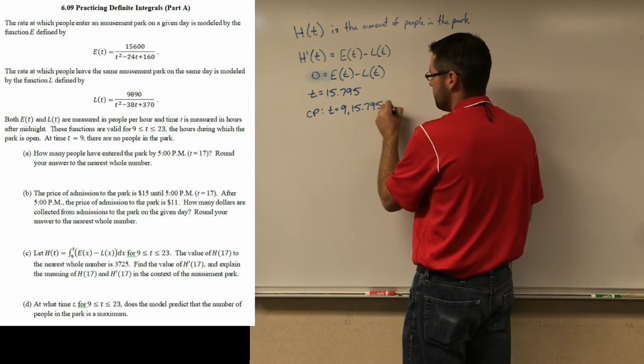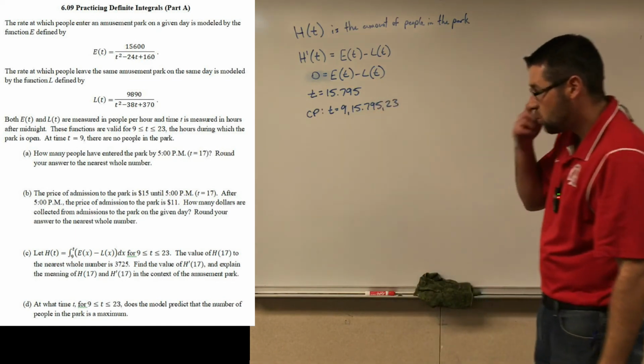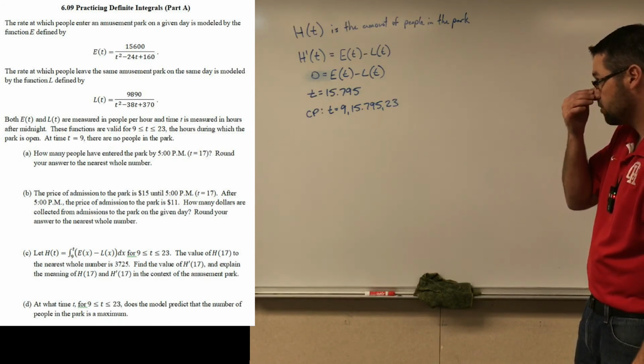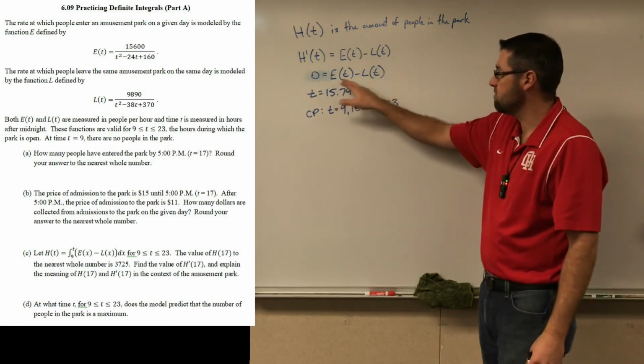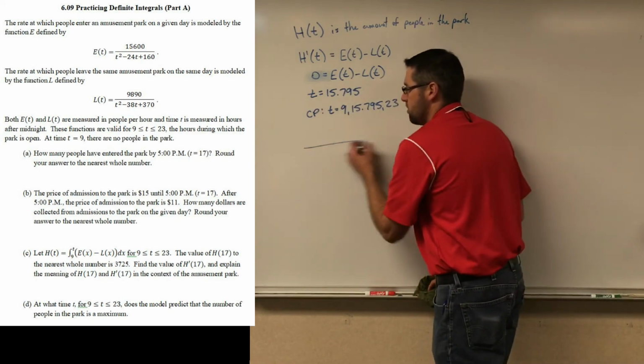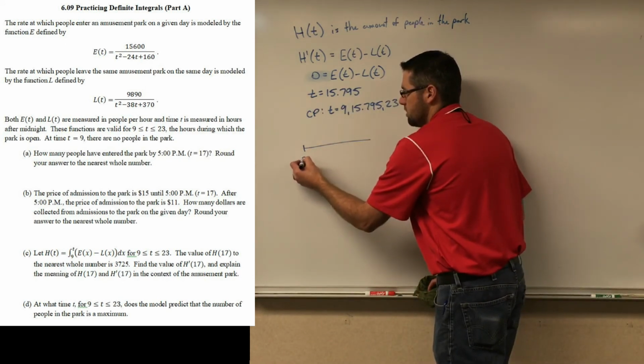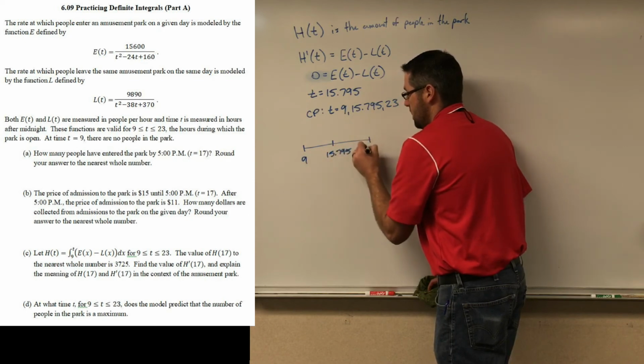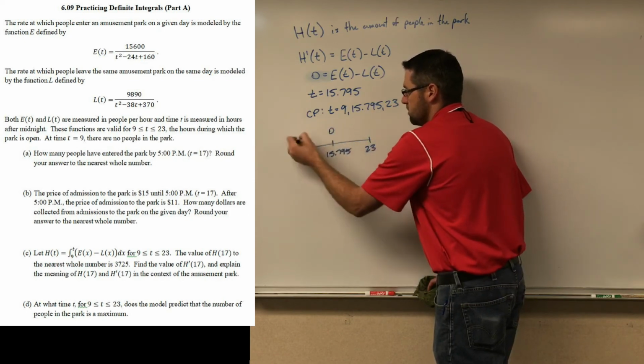What 23? Okay. Now it says, when is the amount of people at a maximum? If you used E of t minus L of t, you could observe the number line pretty easily. 9, 15.795, and 23. This is 0, and these are endpoints.